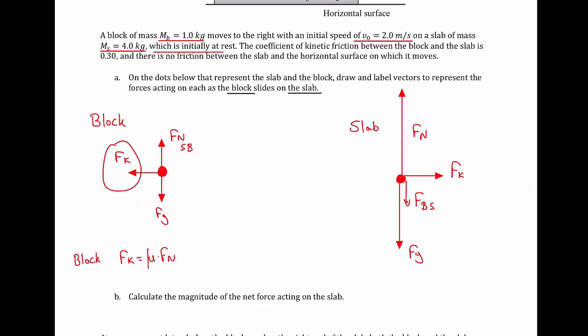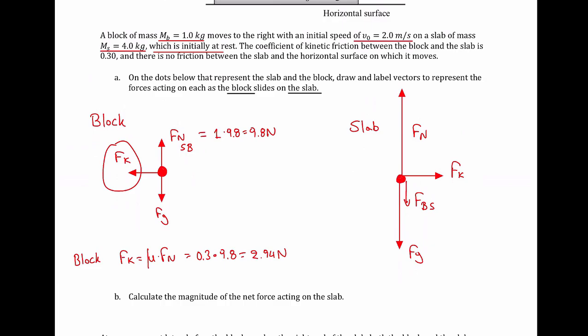This normal is mass times g, so 1 times 9.8, it is 9.8 Newton. So it is 0.3 times 9.8, so this is 2.94 if I'm not mistaken, Newton.